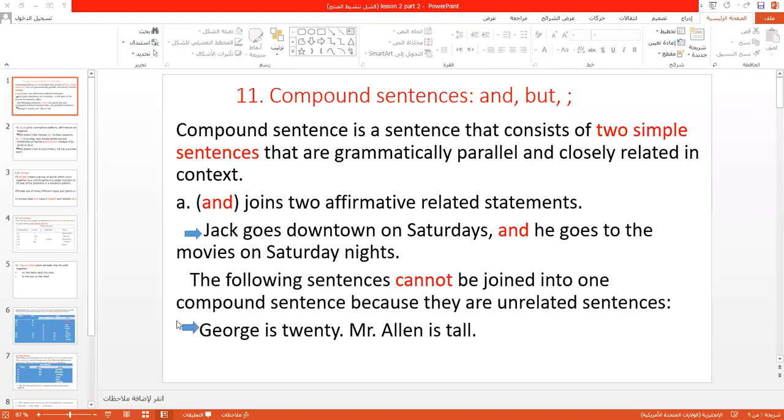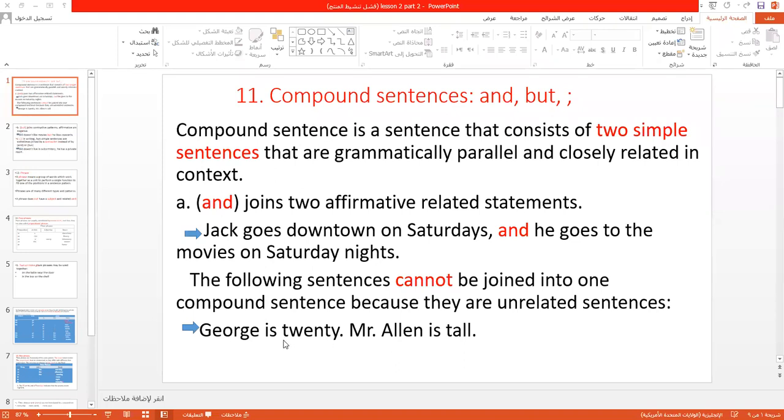Good. Look, some sentences cannot be joined or connected into one compound. Look, the following sentences cannot be joined. Look at these. George is 20. Mr. Allen is tall. Why can't we join these two simple sentences and make a compound sentence?